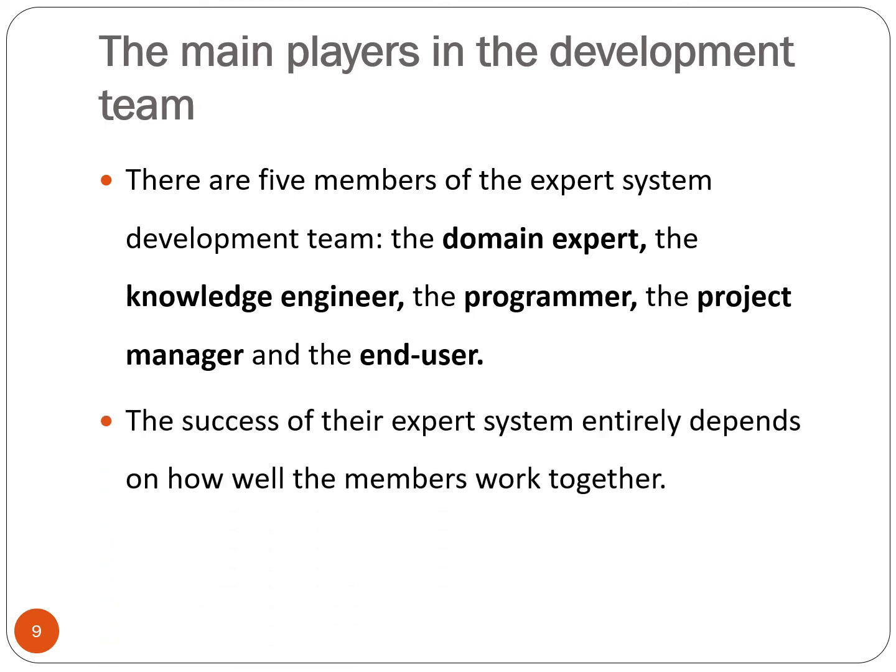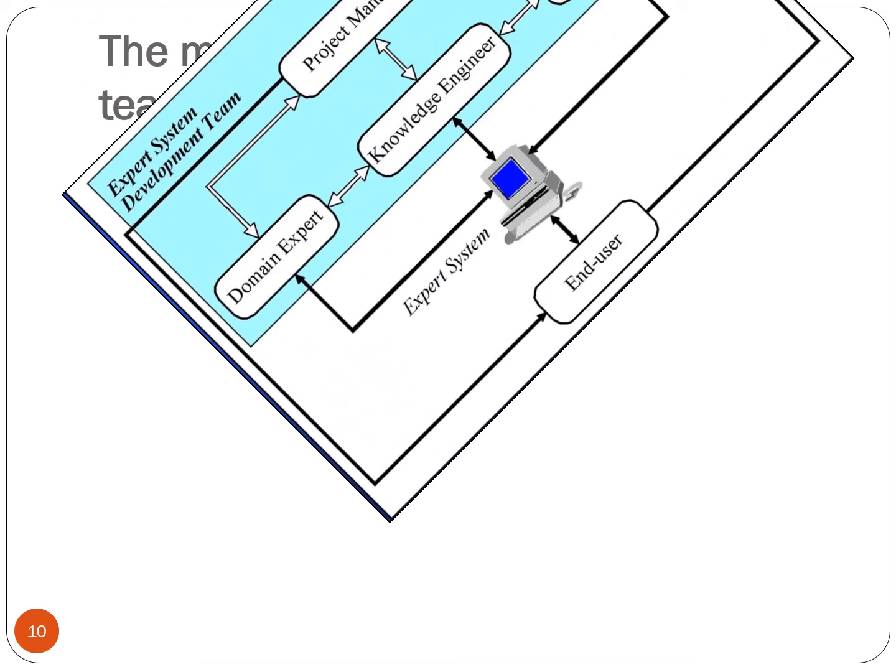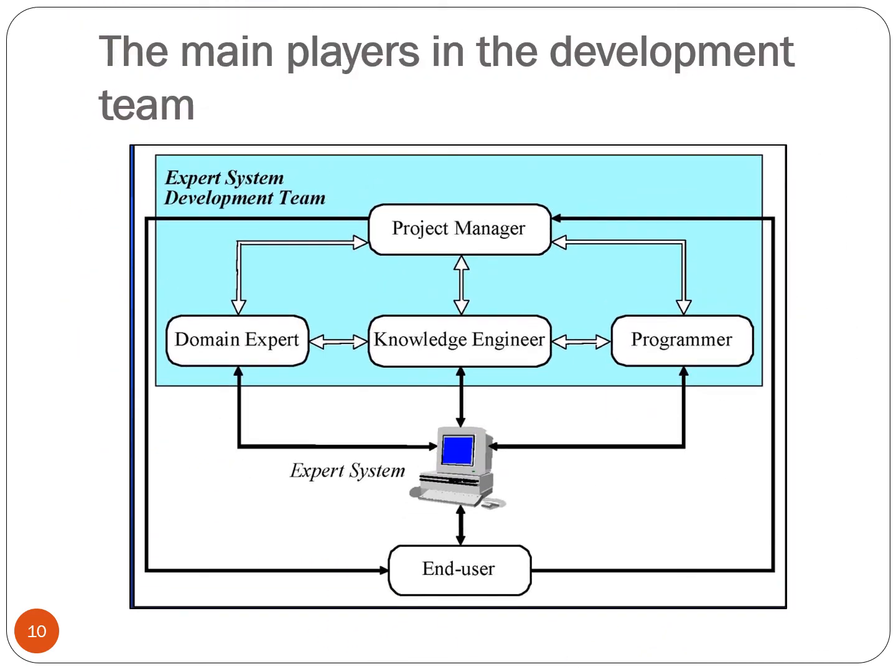The success of the expert system entirely depends on how well the members work together. It is good to have all the members work to develop a particular expert system, because each one of them has a purpose and contribution to the development.